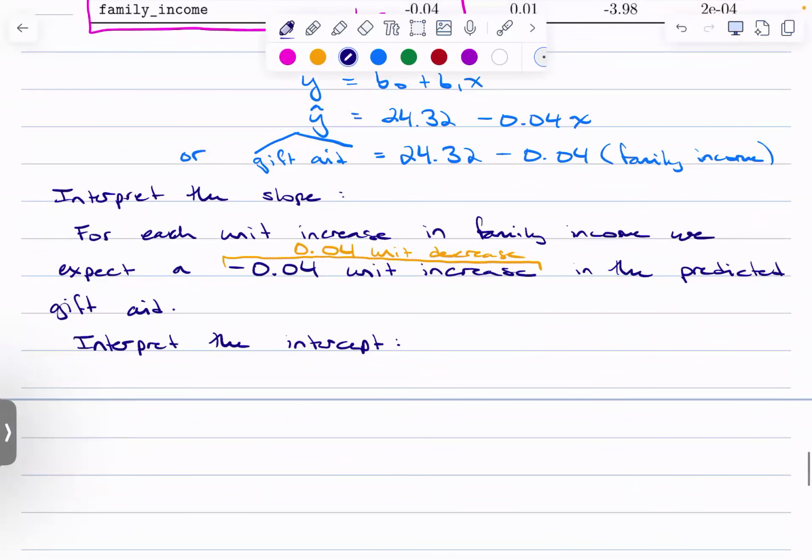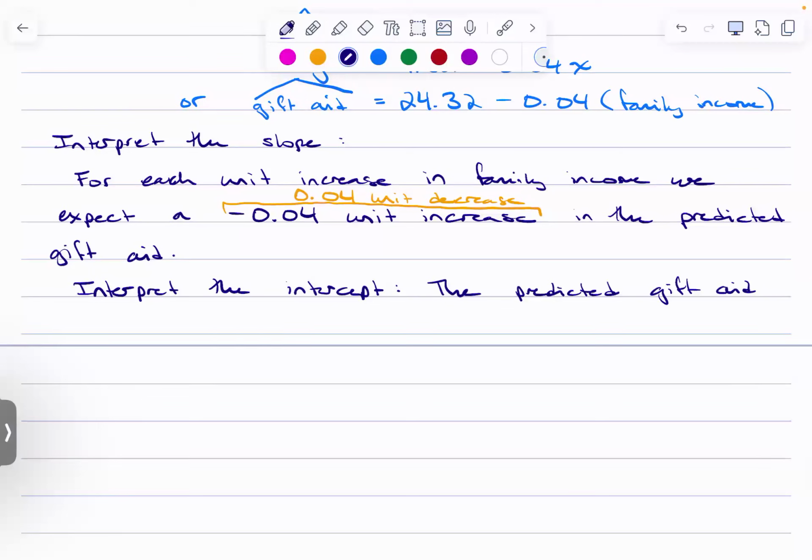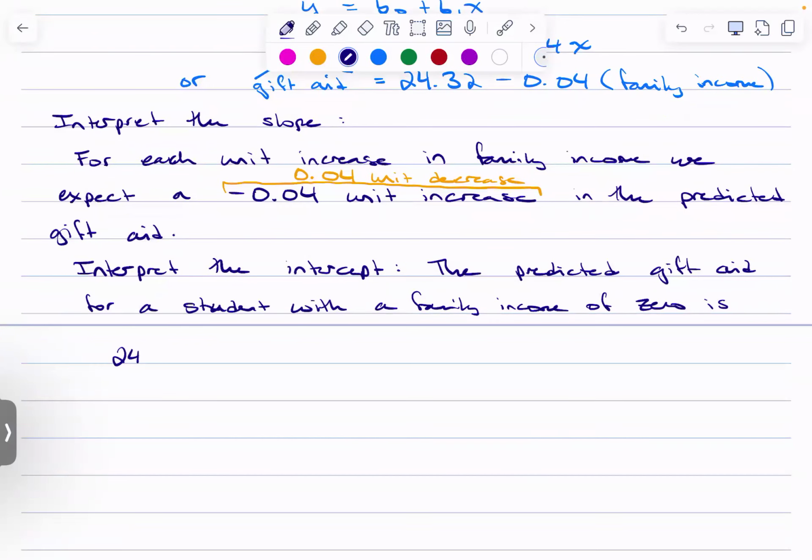I'll try to smush it before I post it. Interpret the intercept: the predicted gift aid for a student with family income of 0 is 24.32, and that's in $1,000.